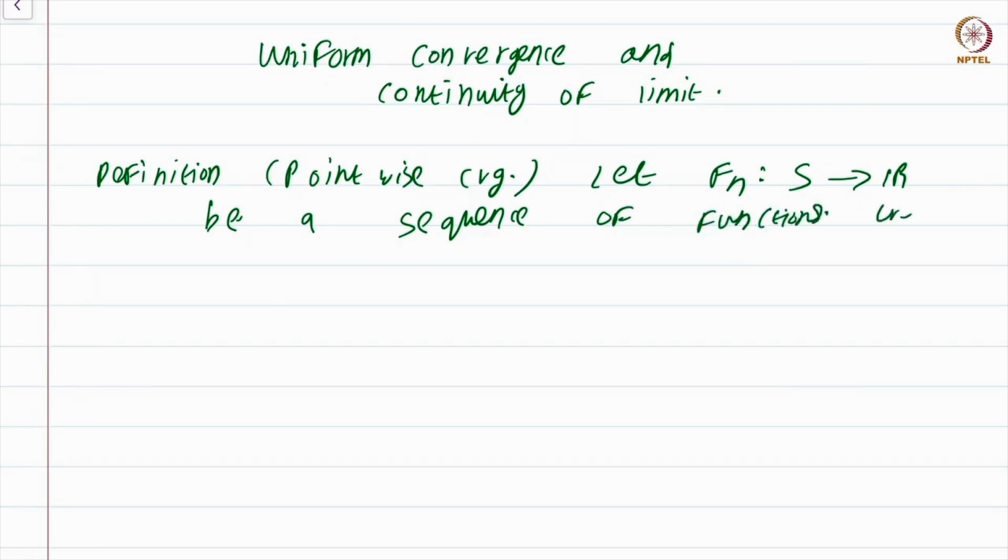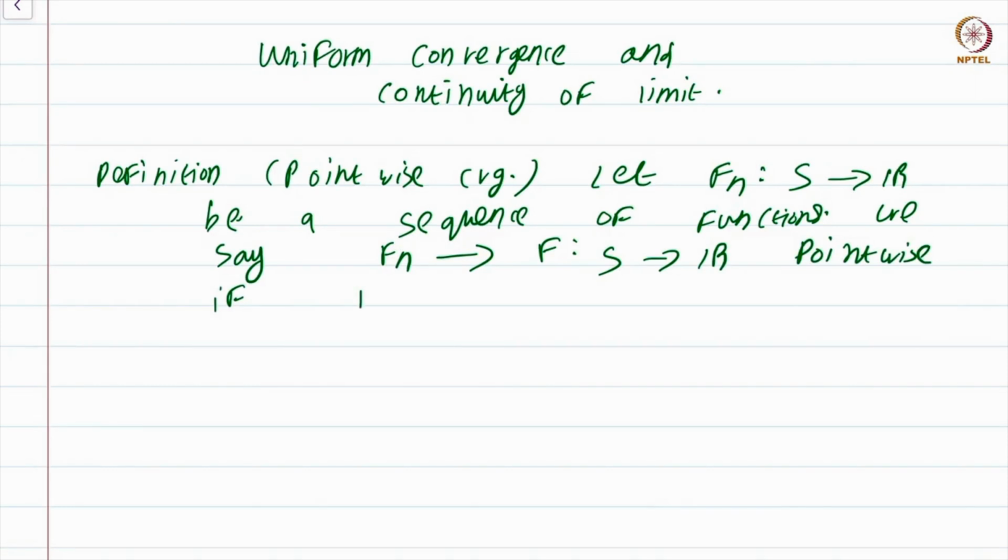We say f_n converges to the function f from S to R pointwise if for each x in S, f_n(x) converges to f(x).